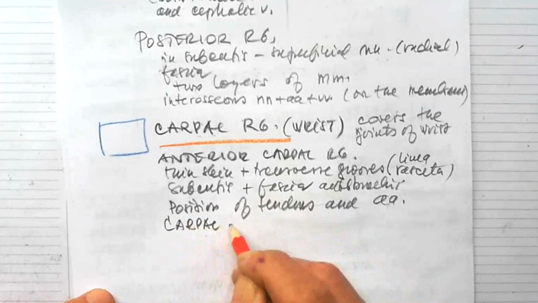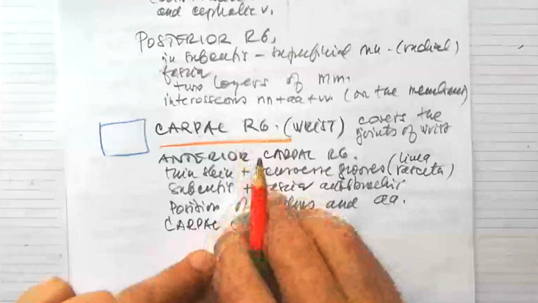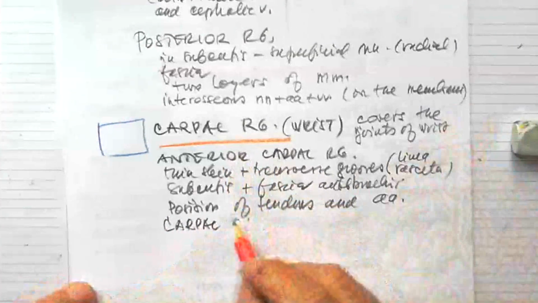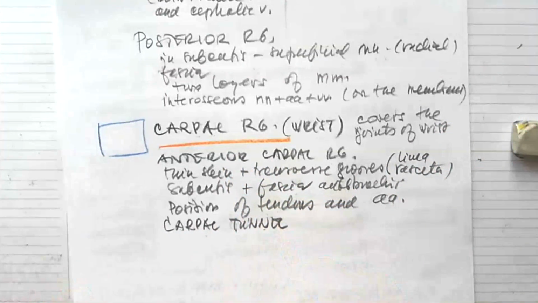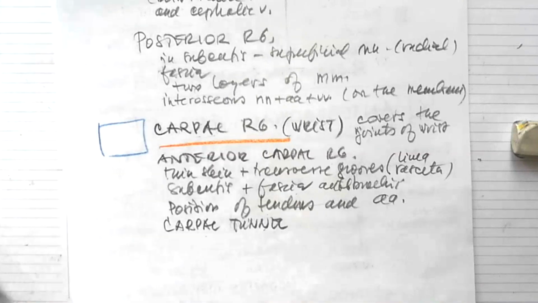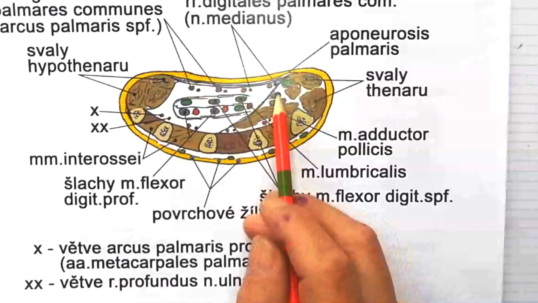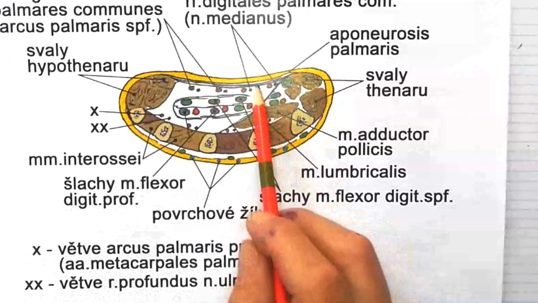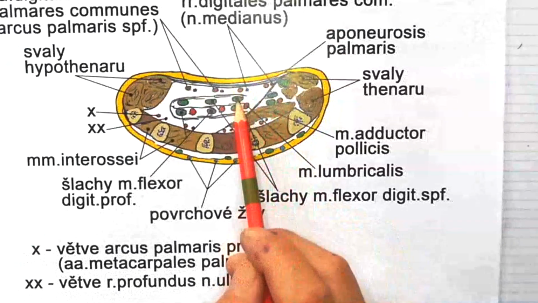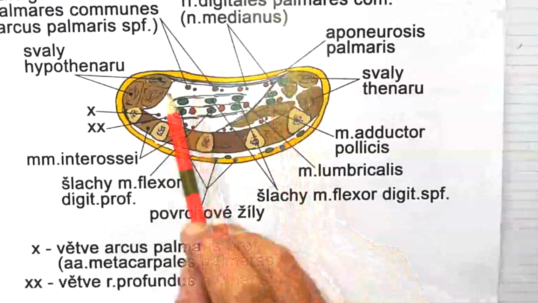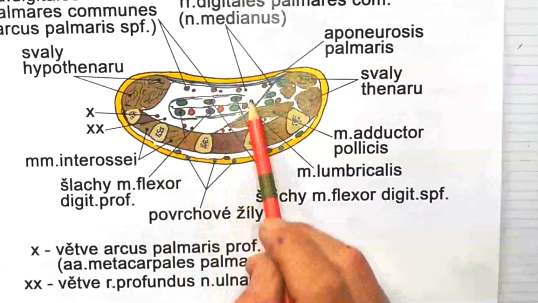First of all, we know the carpal tunnel, definitely. Maybe the best would be this diagram. Here we see the section, but it's not a section through the carpal tunnel, it's a section through the mid of palm. But doesn't matter, we will see the thenar, hypothenar, and mid-palmar space.